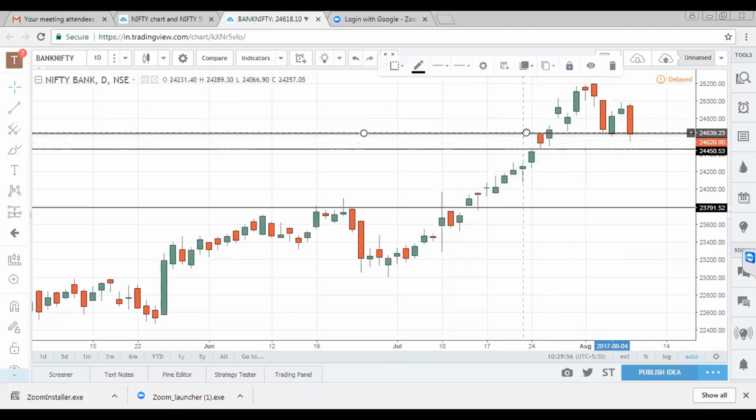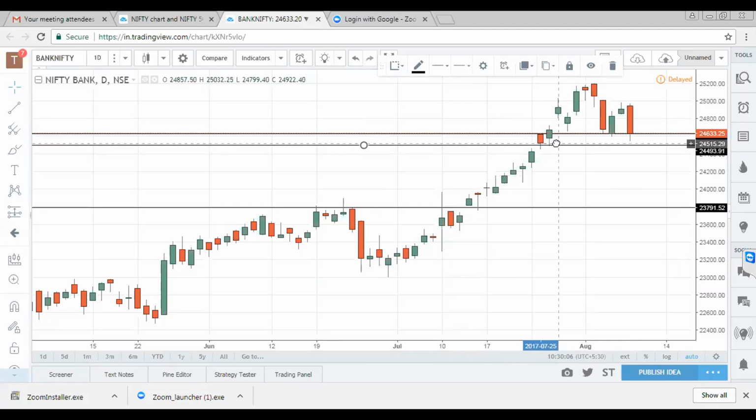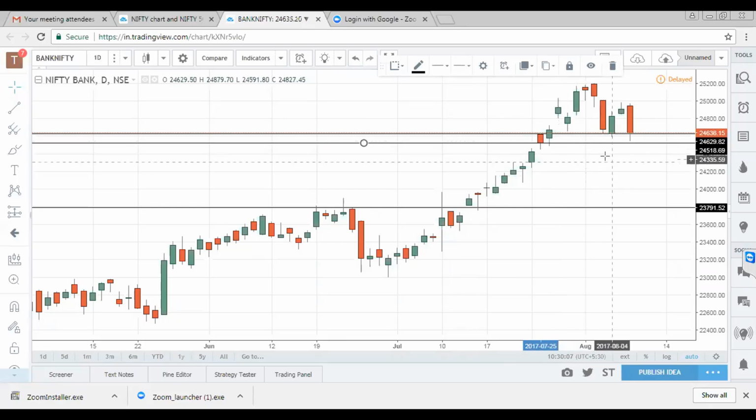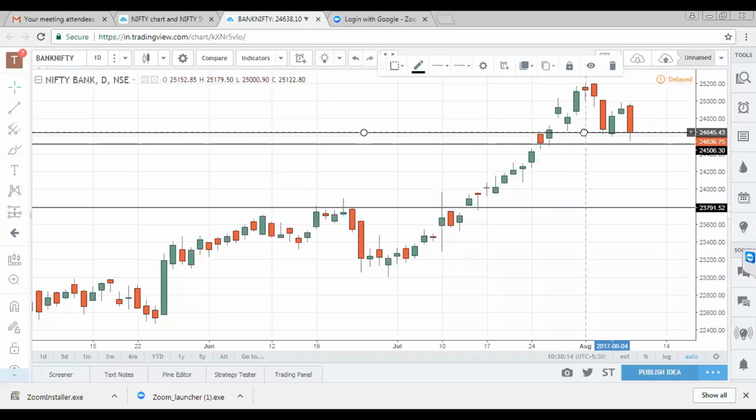Ideally, if we are seeing our gap zone, which is roughly around these 2 points, for Bank Nifty to undergo another fall, it has to take away this gap. That is roughly around 24,500 and 24,600, or maybe this one.